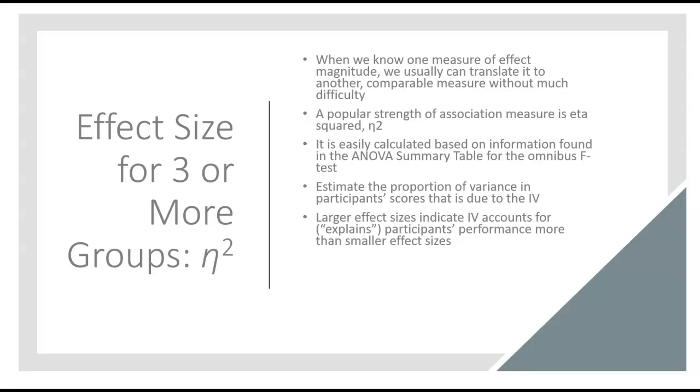The larger the effect size, the more the effect of the independent variable, quote unquote, explains of the differences in the participants' performance than would an effect of a smaller size.